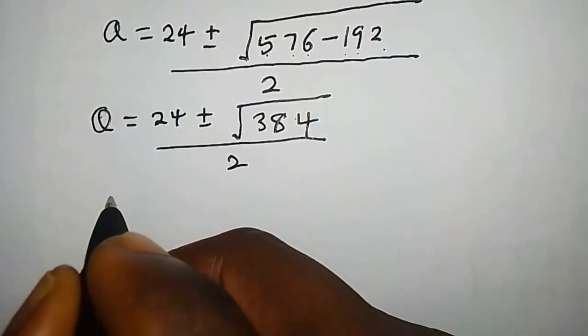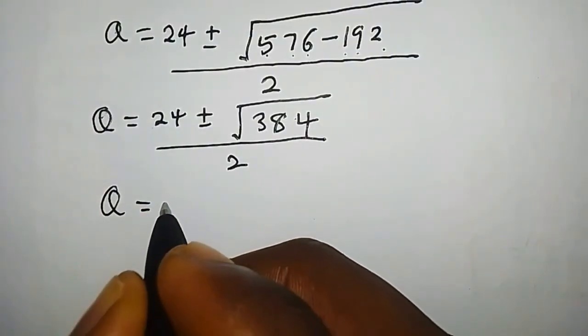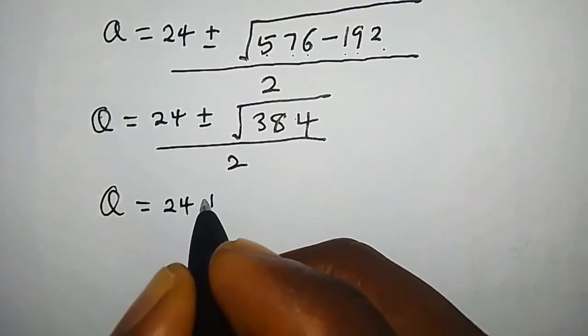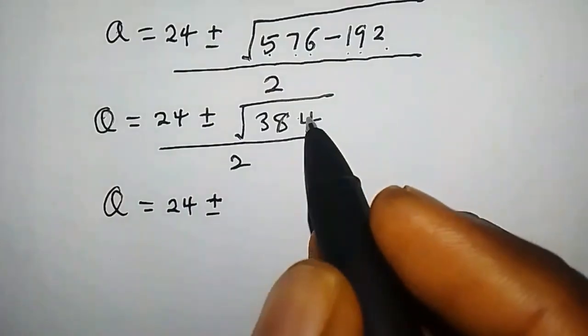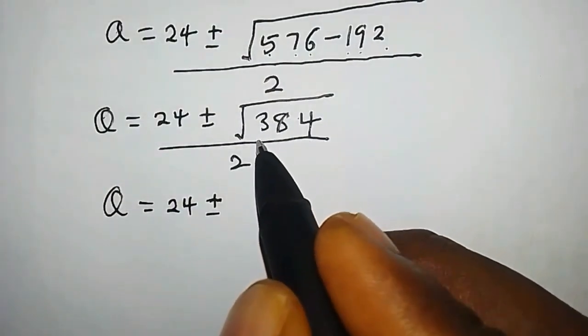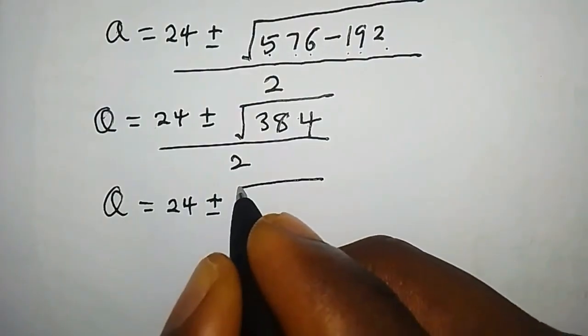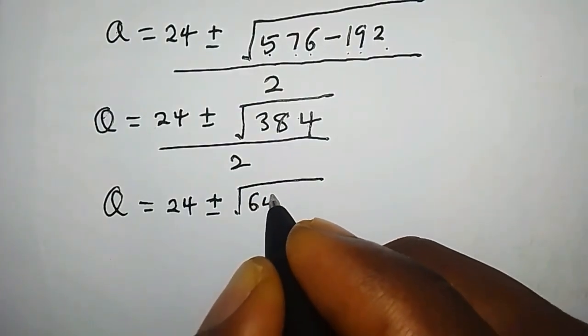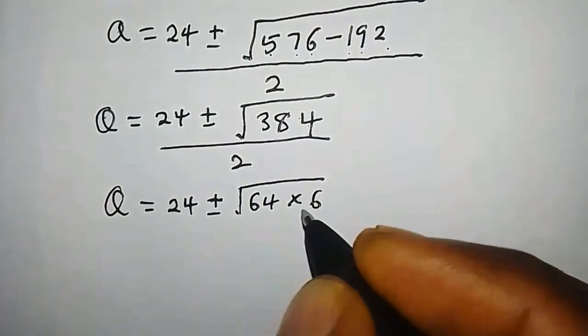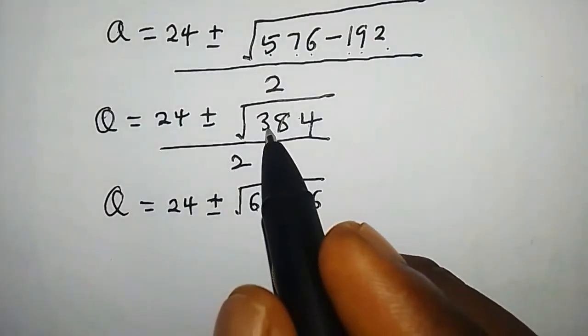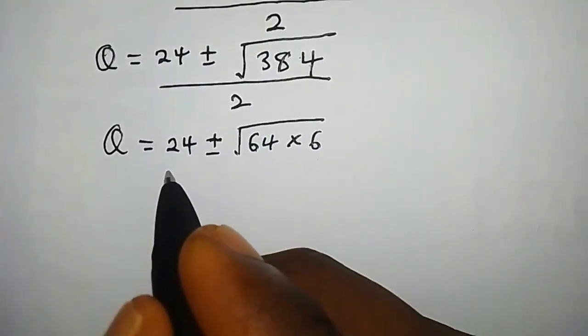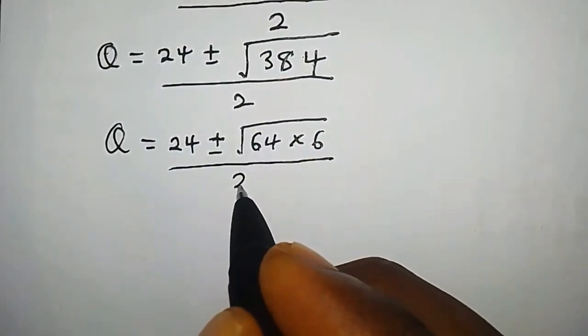So we have Q equal to 24 plus or minus. I can rewrite square root of 384 as square root of 64 times 6, that is 64 times 6 gives 384, divided by 2.